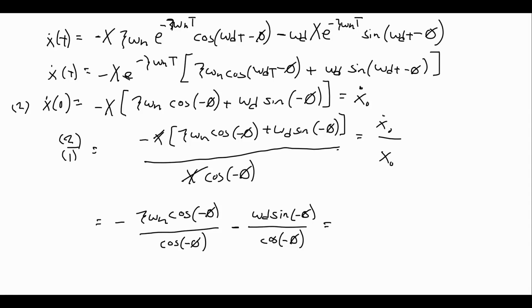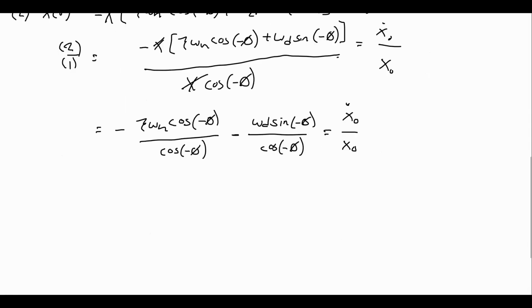And the right-hand side right now is the same. I have a cosine negative phi over a cosine negative phi. That's going to go just to 1, so I'm left here with a negative zeta omega_n minus omega_d. I have a sine negative phi over a cosine negative phi. That's the same as tangent of negative phi.